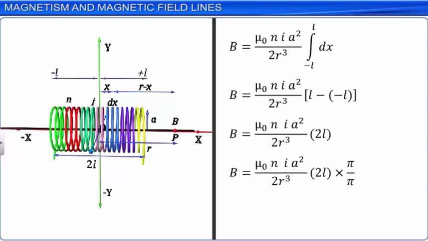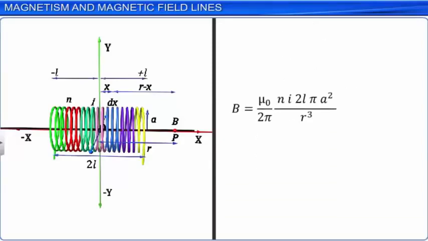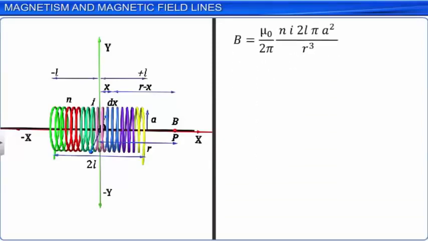We learnt earlier that a current carrying loop behaves like a magnetic dipole, and its dipole moment is given by M = I A, where A is the area vector of the loop. The solenoid consists of n number of loops per unit length. I is the current through the solenoid, and a is the radius of each loop.